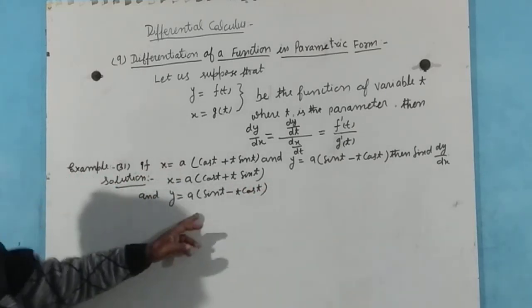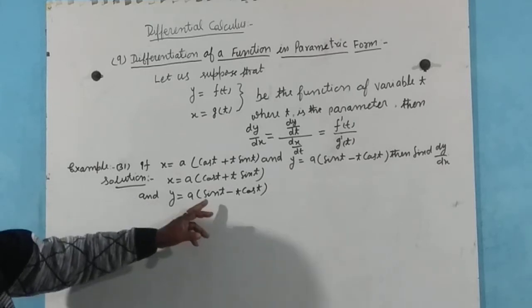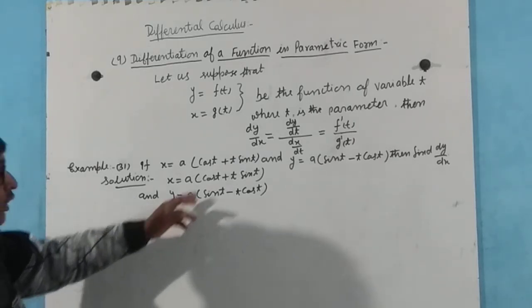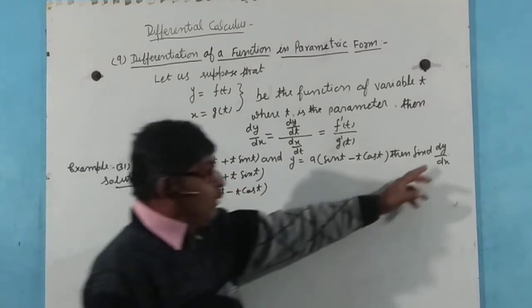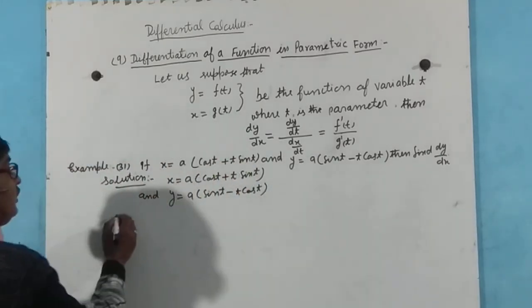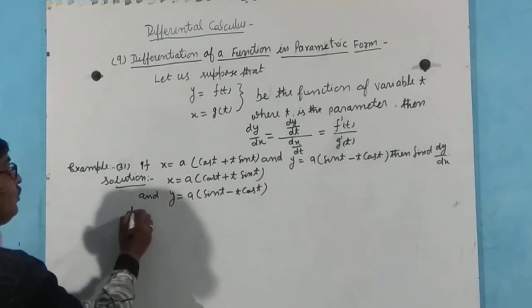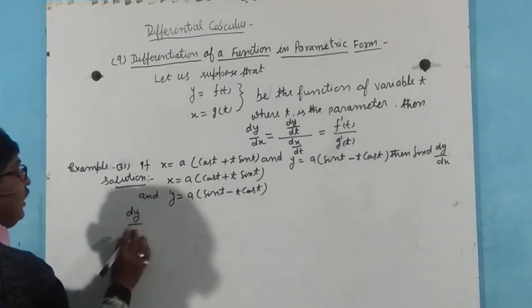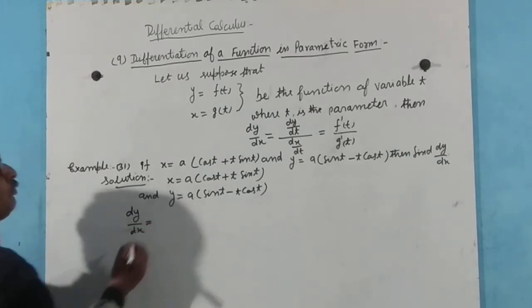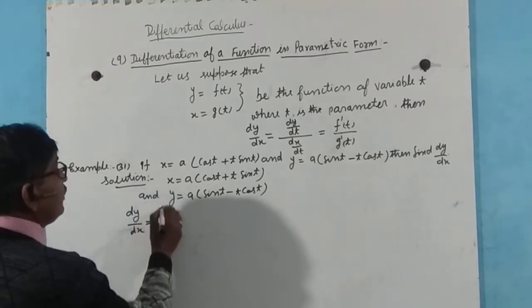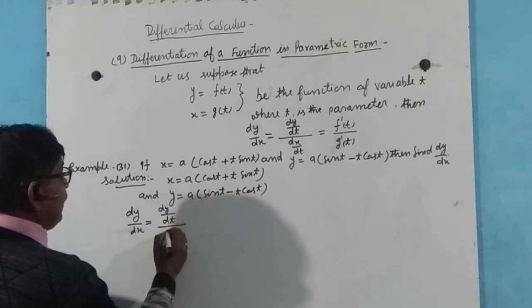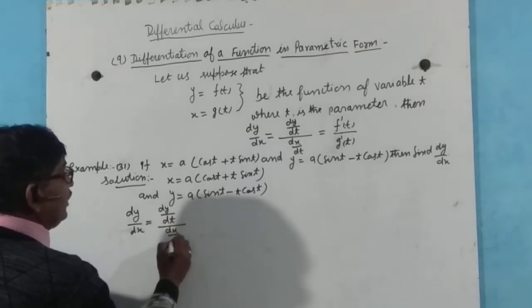This is in the parametric form, so we have to find dy by dx. As you know, dy by dx equals dy by dt divided by dx by dt.